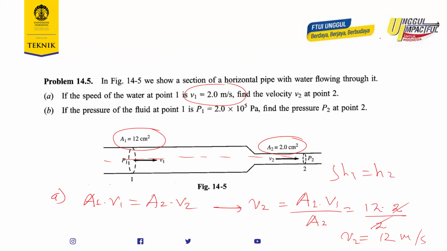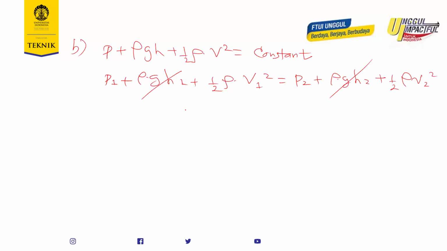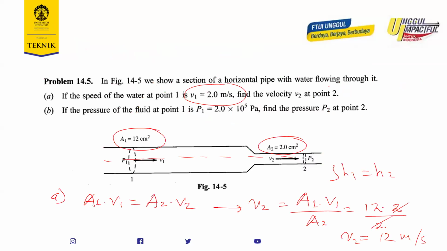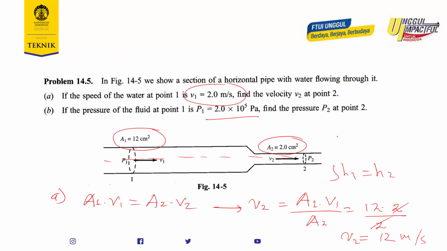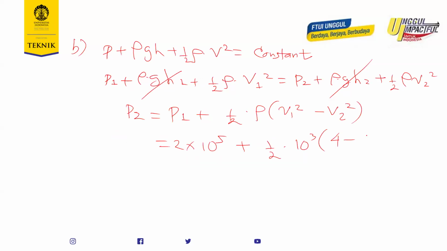Then we calculate the pressure at point 2, meaning P2 equals P1 plus half rho times V1 squared minus V2 squared. P1 is 2 times 10 to the power 5, plus half times 10 to the power 3, times 2 squared, which is 4, minus 12 squared, 144, right?